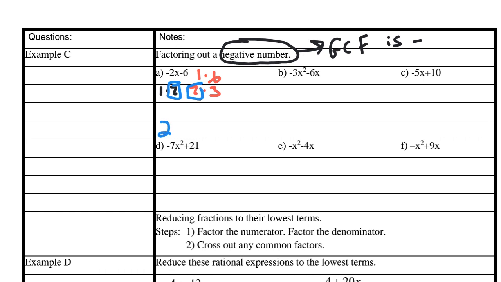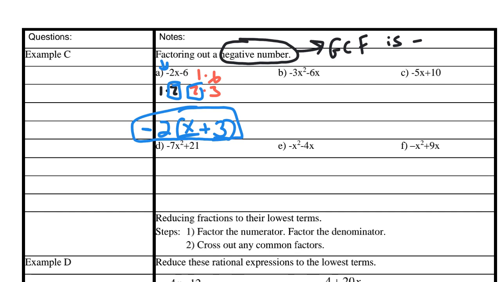But since this is a negative 2, I make it a negative greatest common factor. Then I do my parentheses. So negative 2 times what gets me negative 2x? So negative 2 times x gets me negative 2x. Negative 2 times what gets me negative 6? So that would be a positive 3. So then my final answer would be negative 2 parentheses x plus 3.